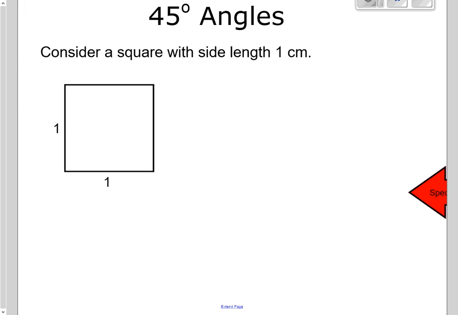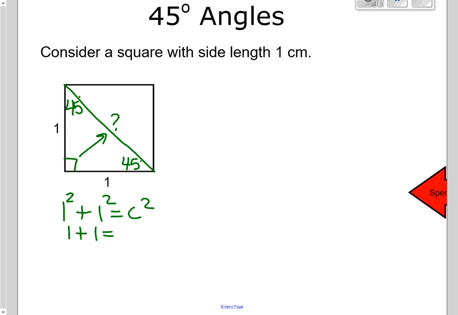We can also take a look at the same thing with a square. So here we have a square. If I draw a diagonal right here, that automatically puts these two angles as 45 degrees. And now if I want to solve for my hypotenuse, which is what I'm looking for over here, I have 1 squared plus 1 squared equals c squared. 1 plus 1 equals c squared. 1 plus 1 is 2.